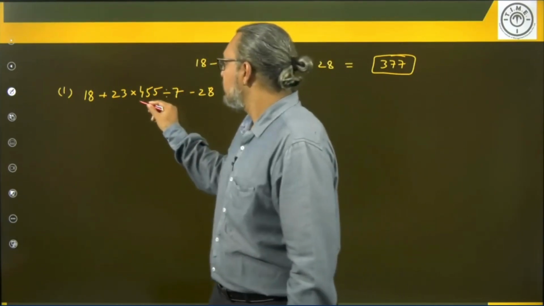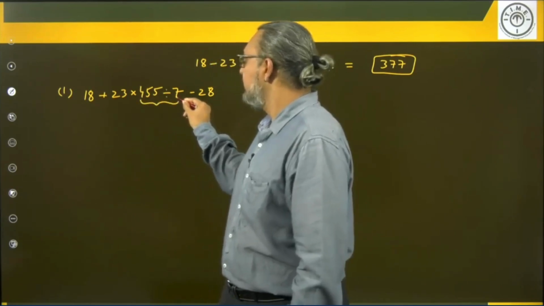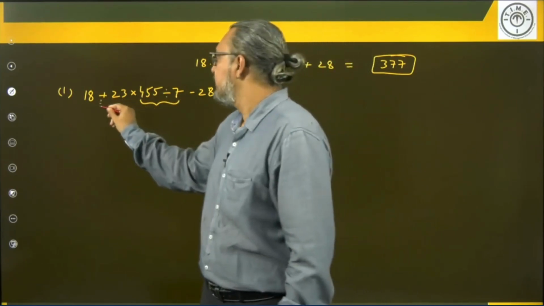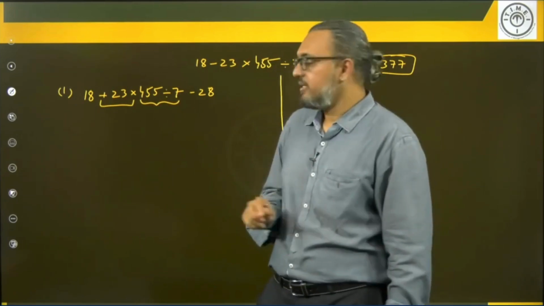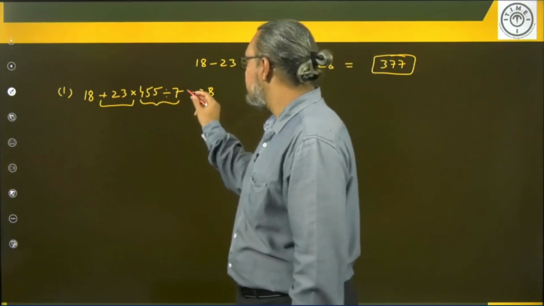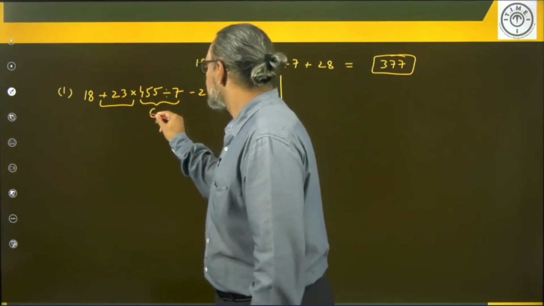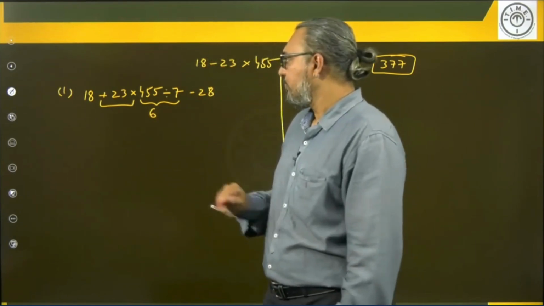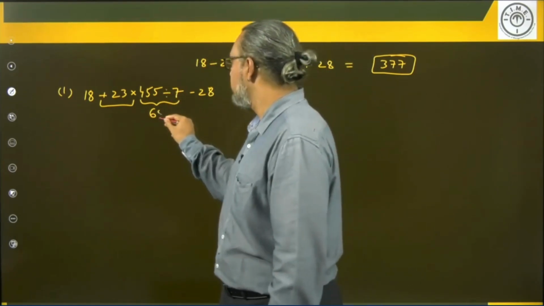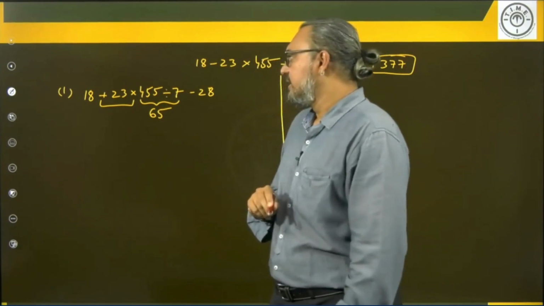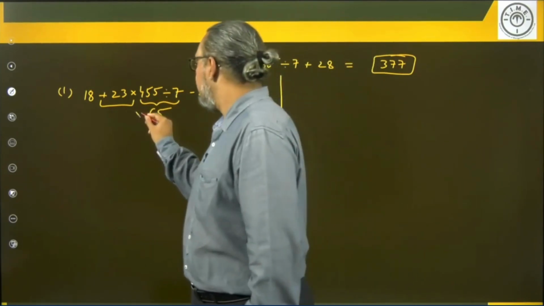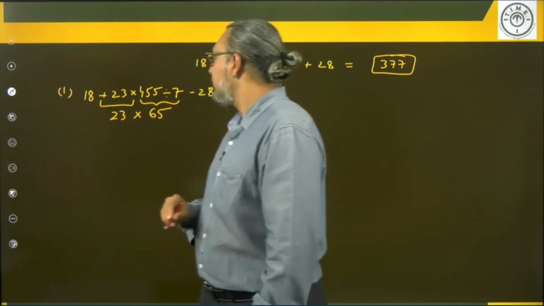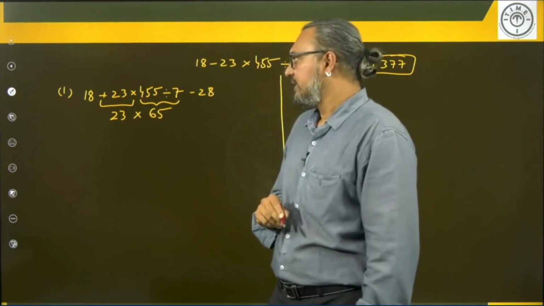First, we need to take the division before we take the multiplication, correct? 7 goes 6 times 42, the difference is 35, so 7 goes 5 times. So basically you will get 65, but then here again you have 23 multiplied by 65, correct?